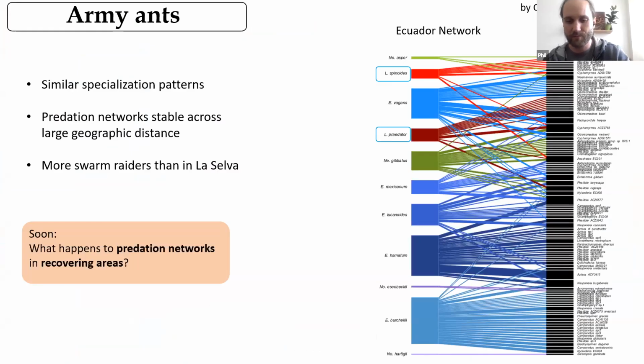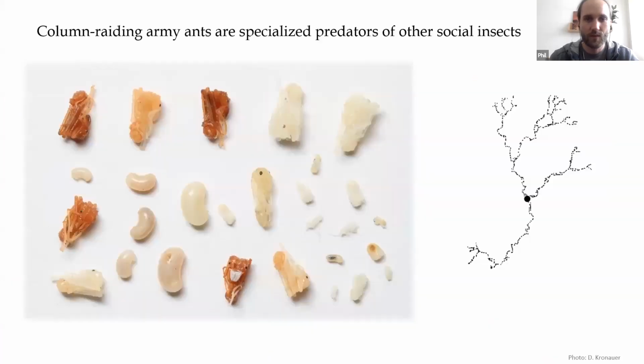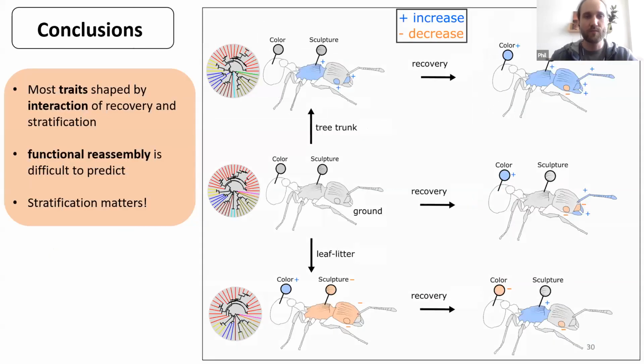Let's go back. So basically, I did the phylogeny and the traits independently of each other. In the analysis, what we did was just calculate phylogenetic diversity itself, and try to see if it changes across recovery or across stratification.